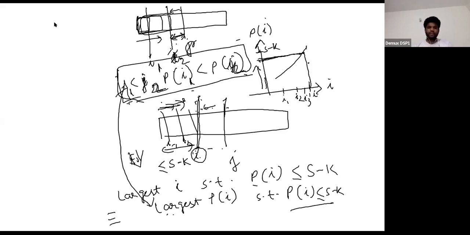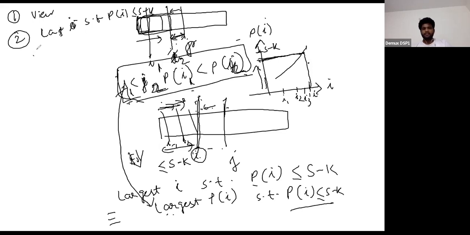Right? So I have told you three steps. I just told you that we will use the view array view that we have discussed. So for every j, I have to find the i. The property is that I have to find the largest i such that p_i is less than or equal to s minus k. This is the property for the prefix array from the subarray.